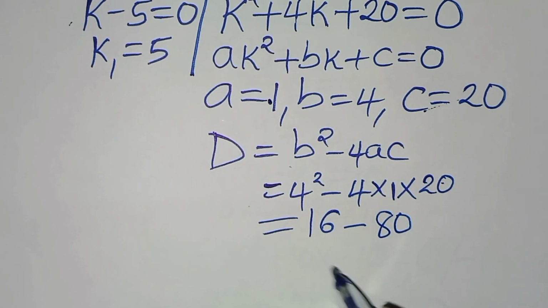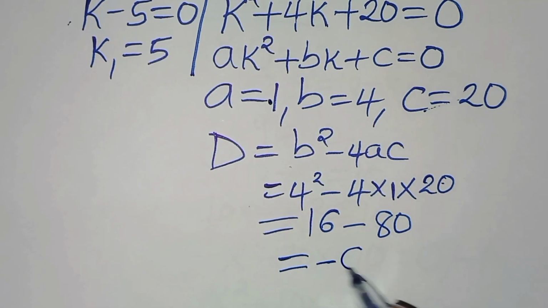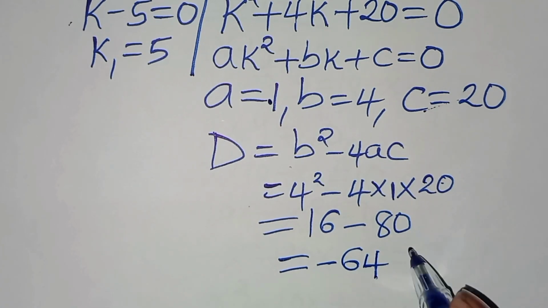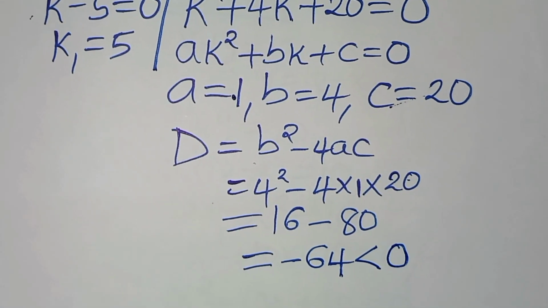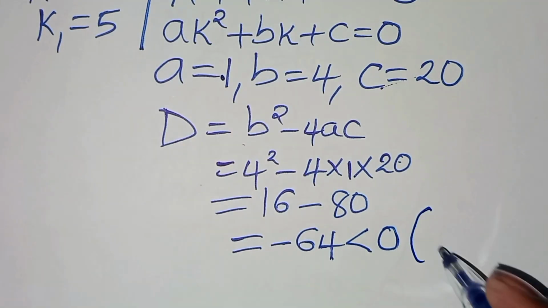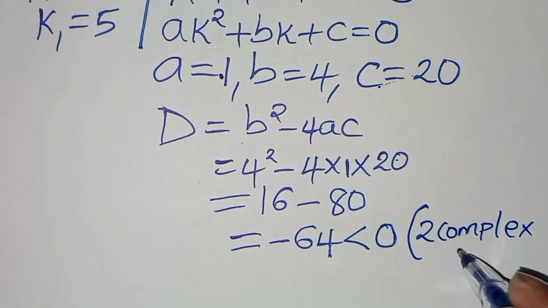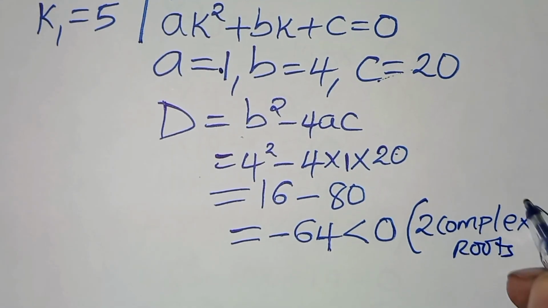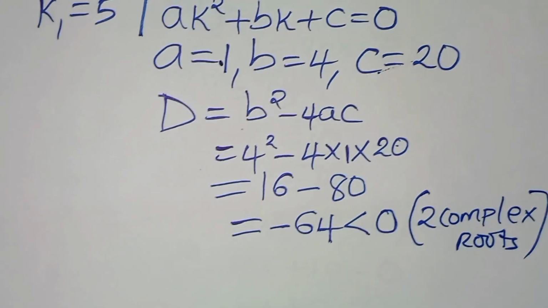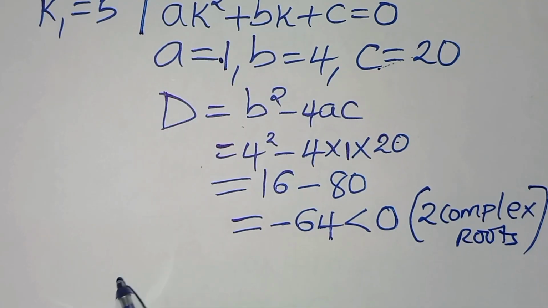So 16 minus 80 is negative 64, which is less than 0. And this implies that we have two complex roots.